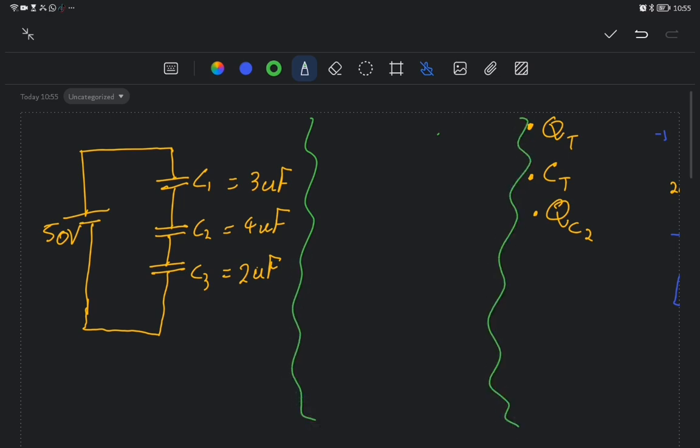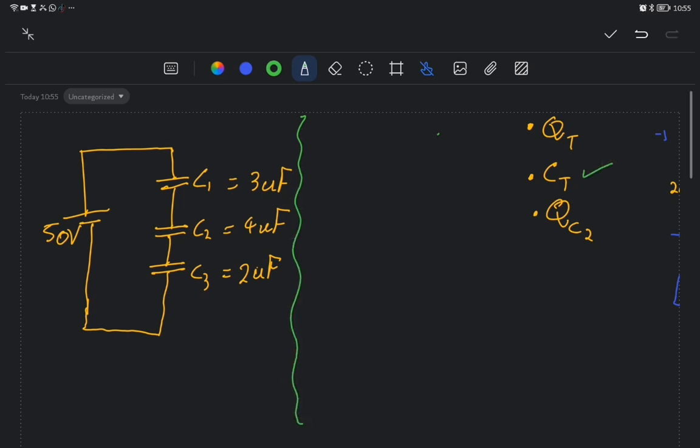So remember, we're gonna start with this one. C total, CT is equal to, since they're all in series, 1 over C1 plus 1 over C2 plus 1 over C3, and not forgetting the bracket to the power -1 because you apply that to both sides.